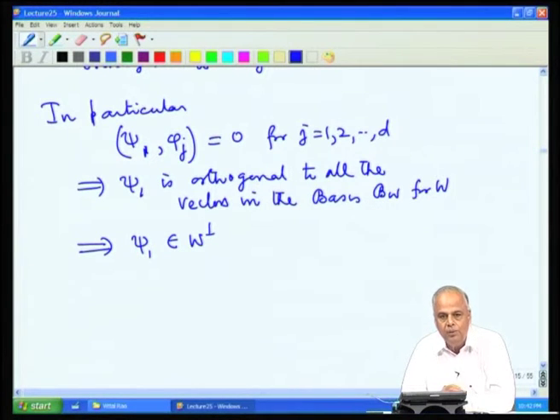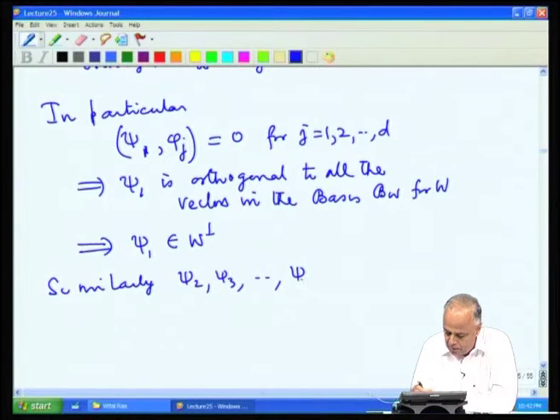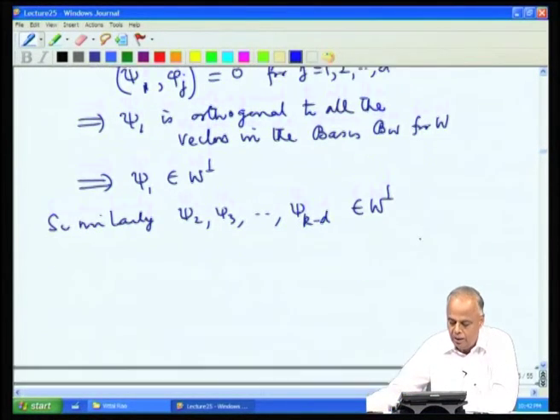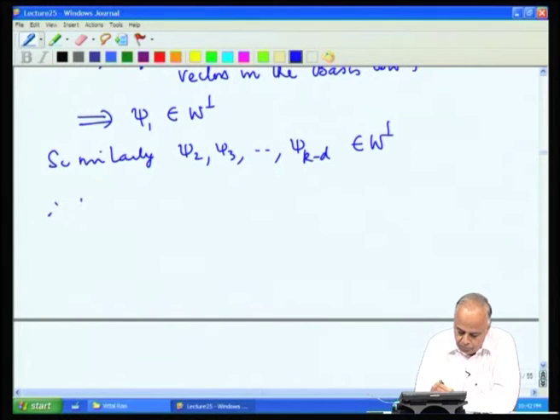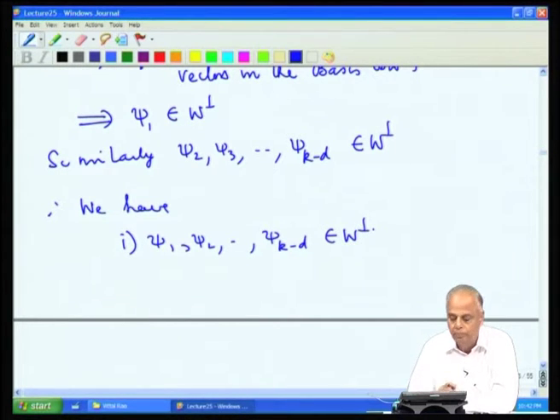Similarly, psi 2 is orthogonal to all the vectors phi j, and therefore, psi 2 belongs to W perp and so on. So, similarly, psi 2, psi 3, psi k minus d, all these belong to W perp. And therefore, we have the first observation: psi 1, psi 2, psi k minus d are all in W perp.